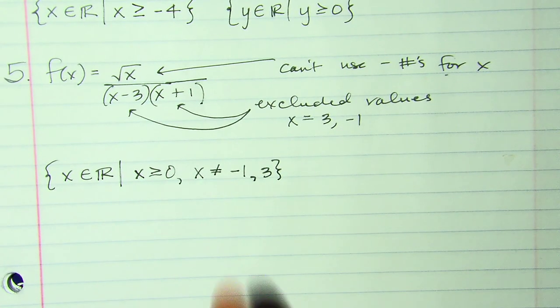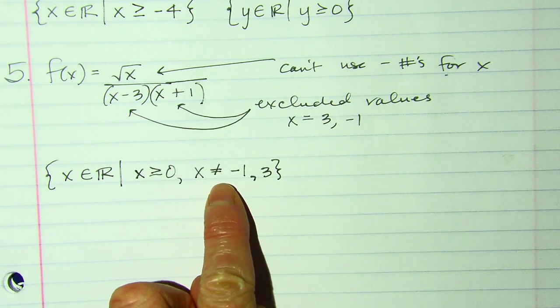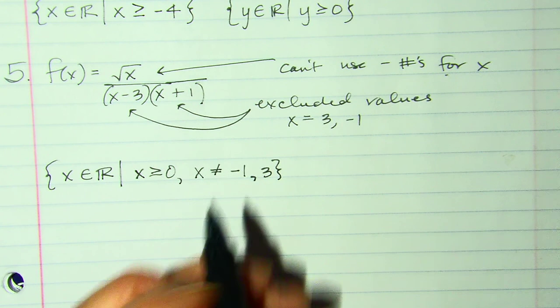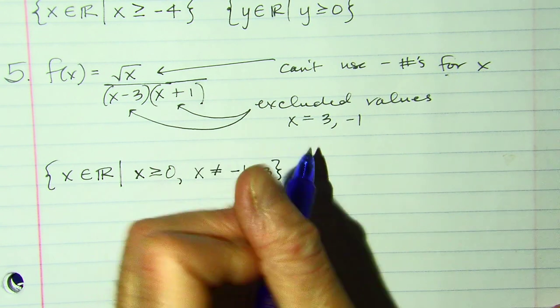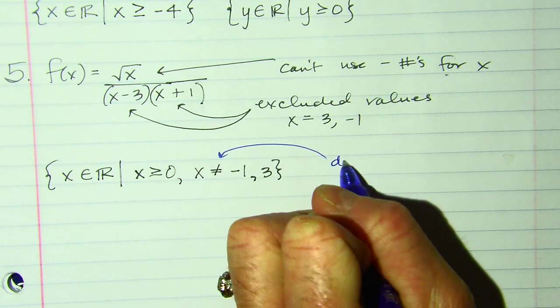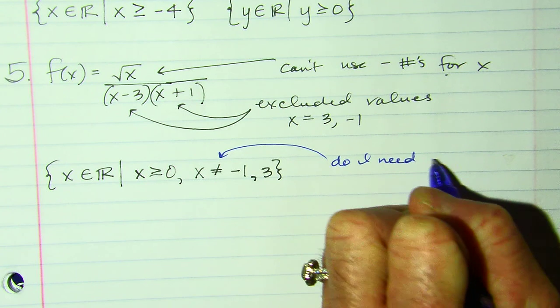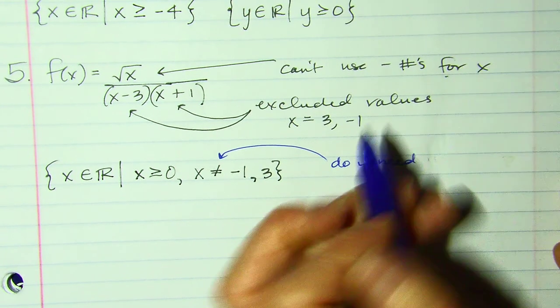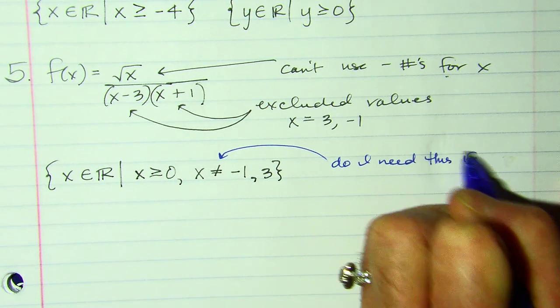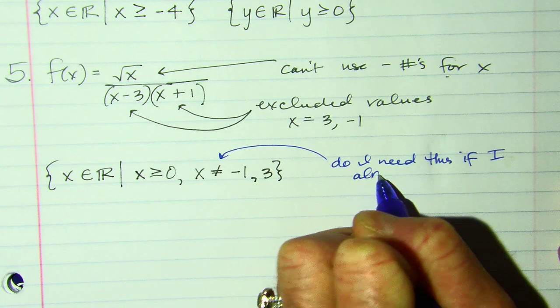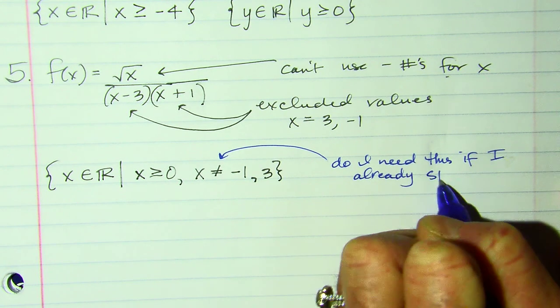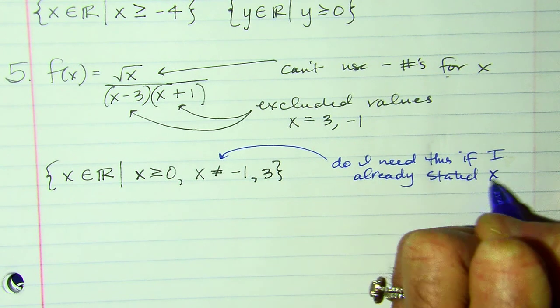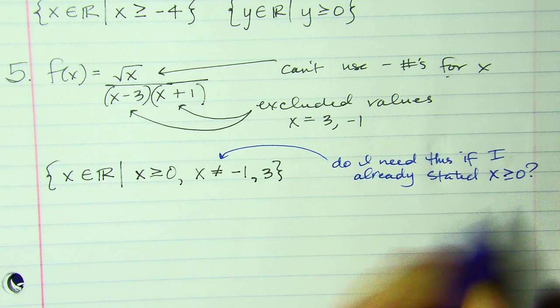Now, do I need to state this? Do I need this if I already stated that x has to be greater than or equal to 0?